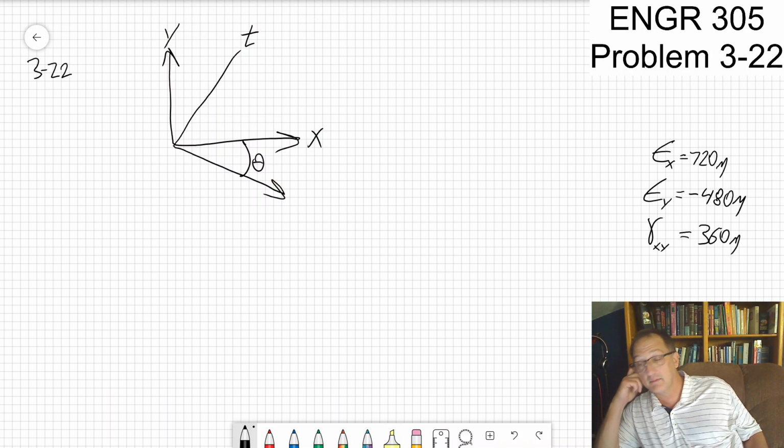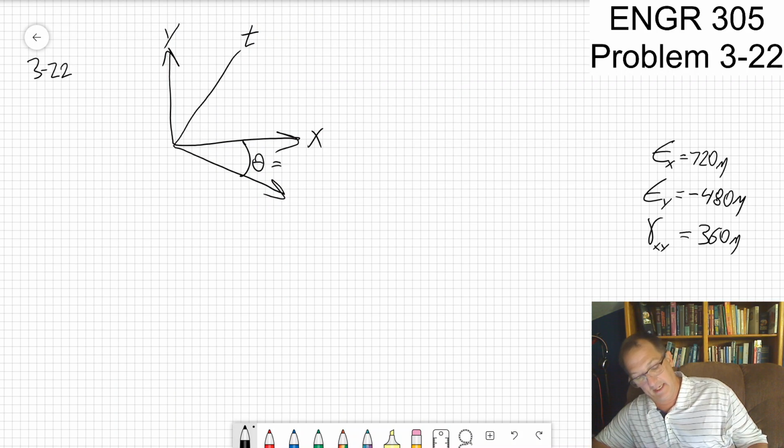Let's get rid of my problem statement. That's 30 degrees, but I don't even want to label that theta. That's just our working angle, phi equal to 30.